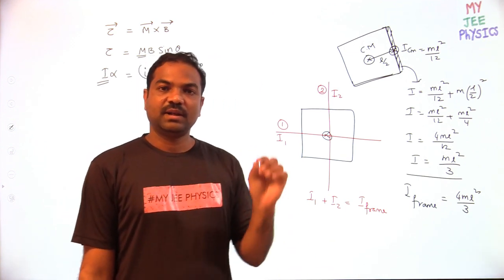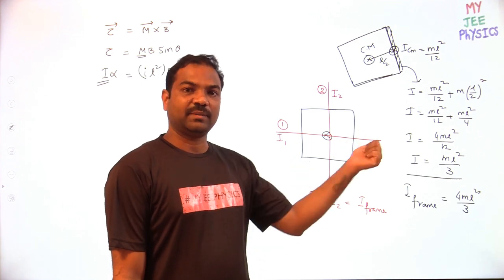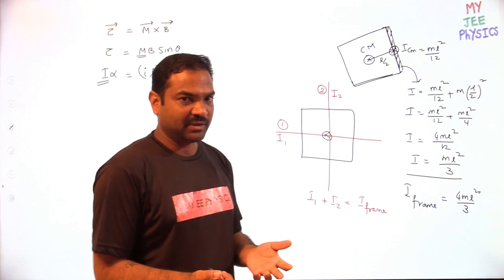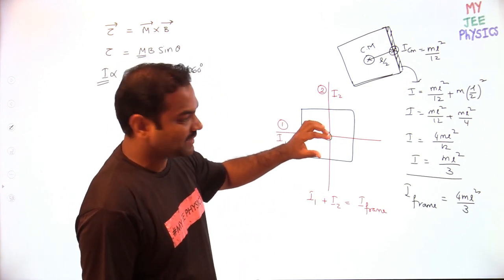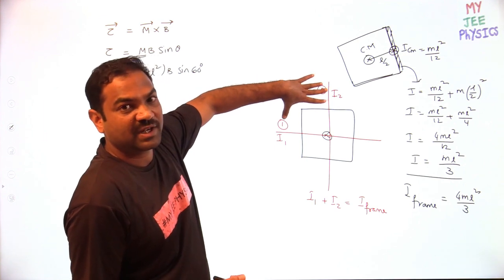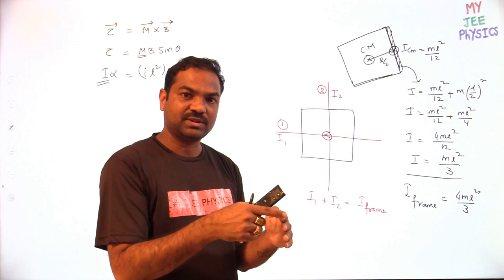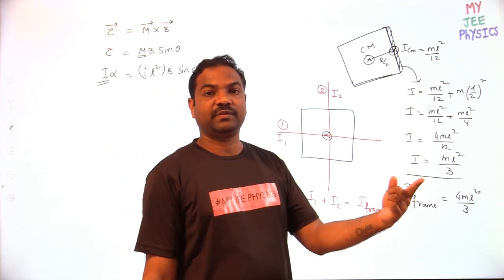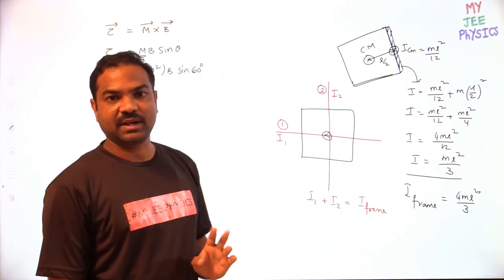The easy way is: perpendicular is equal to the sum of those in the plane. That is the logic of the perpendicular axis theorem.